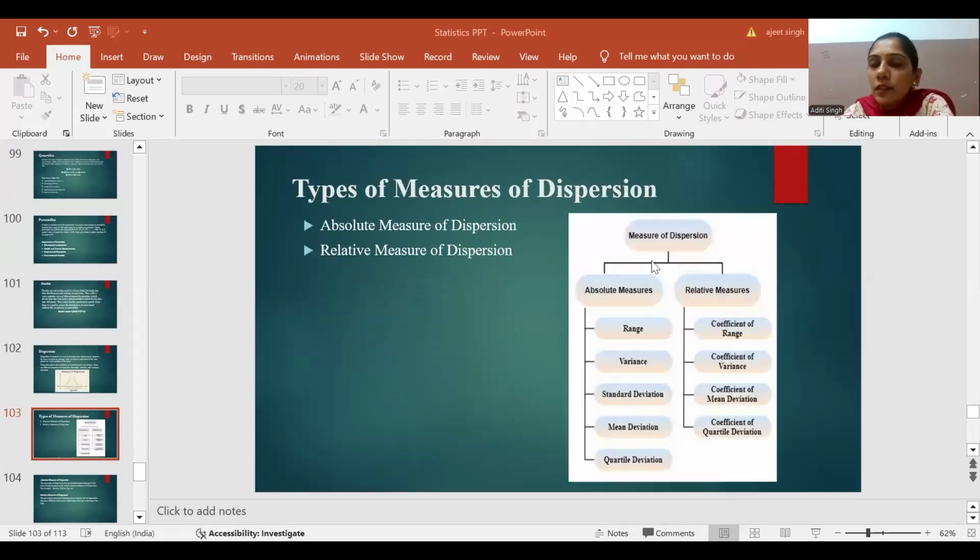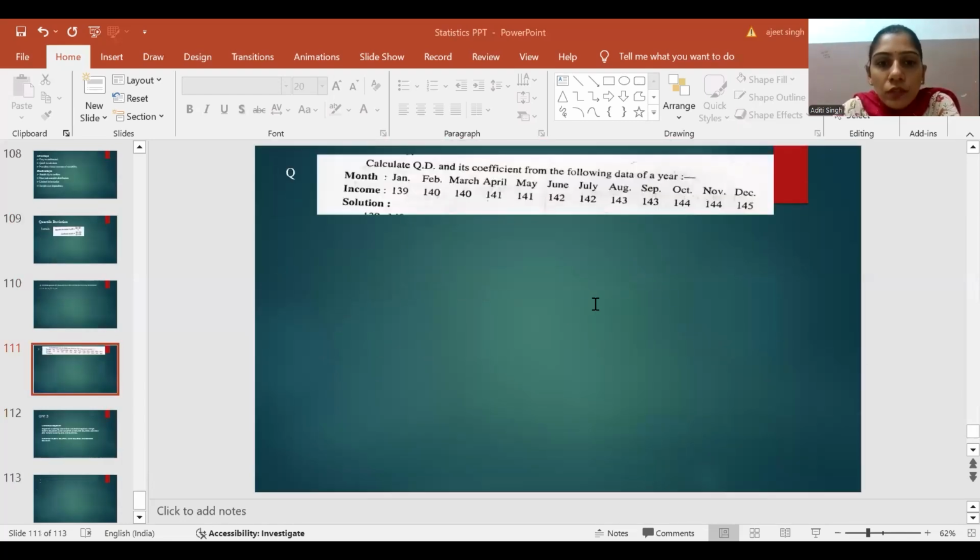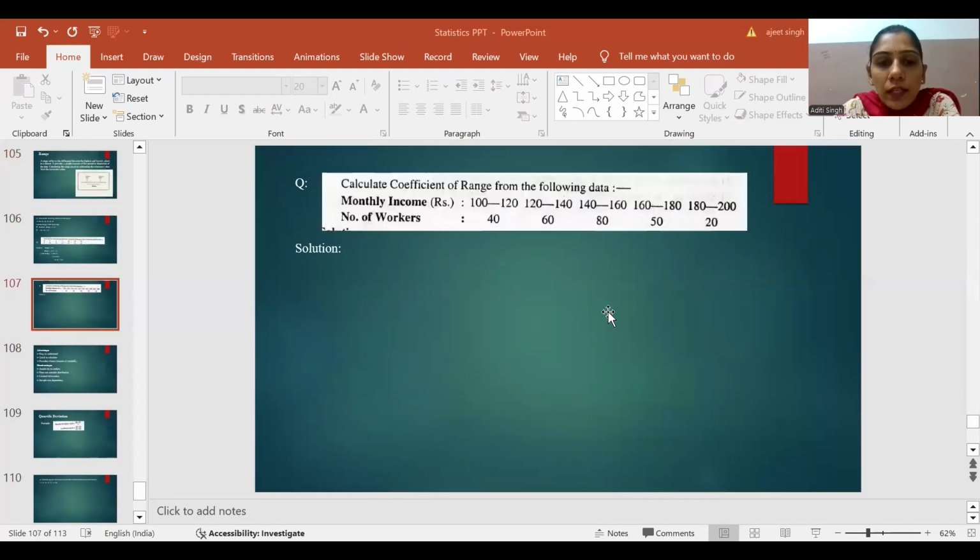As in earlier slides when we discussed the measure of dispersion, there are absolute measures and relative measures. So we are doing both measures side by side. When we are calculating the absolute measure, we are also calculating the relative measure.